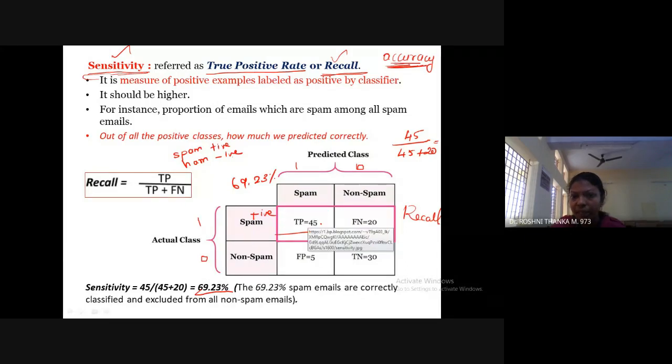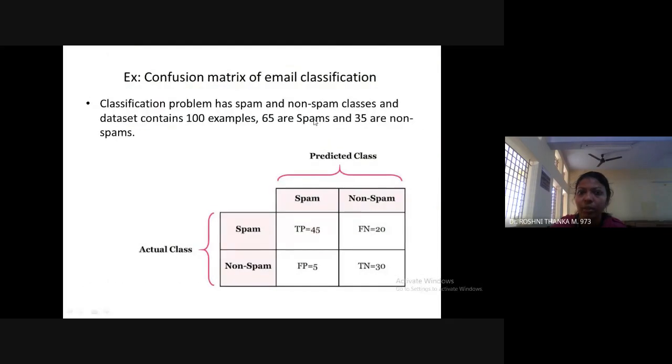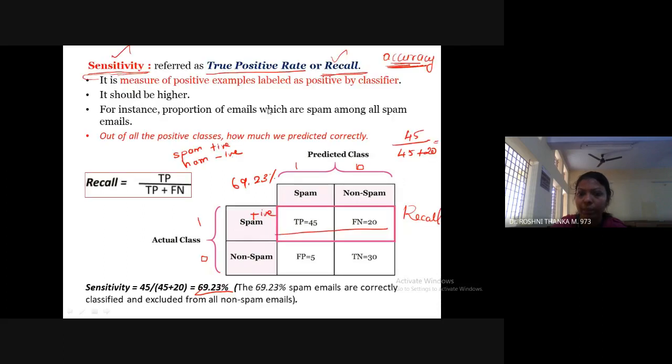We are not bringing in the non-spam mail. Only 65 positive inputs are given, and out of these 65, 45 are correctly predicted. So 45 divided by 65 gives 69.23.